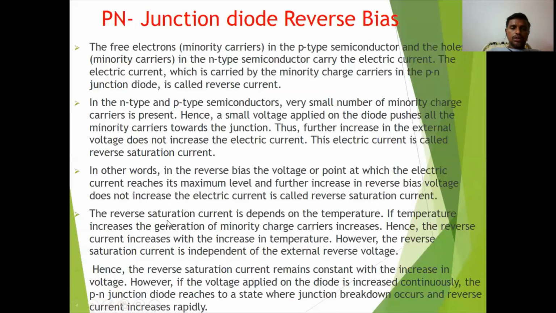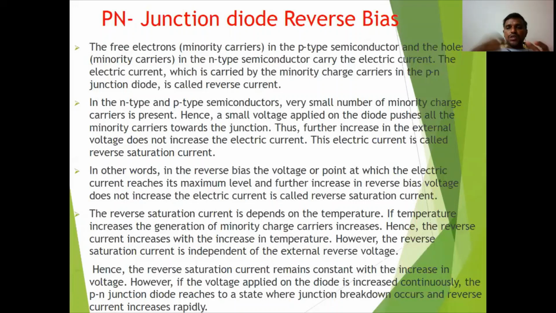The reverse saturation current depends only on temperature, because if the temperature increases, the generation of minority charge carriers increases. That means if the temperature increases, electron-hole pairs will be generated in p-type and n-type. The electrons generated in p-type material are minority carriers, and the holes generated in n-type semiconductor are minority carriers.